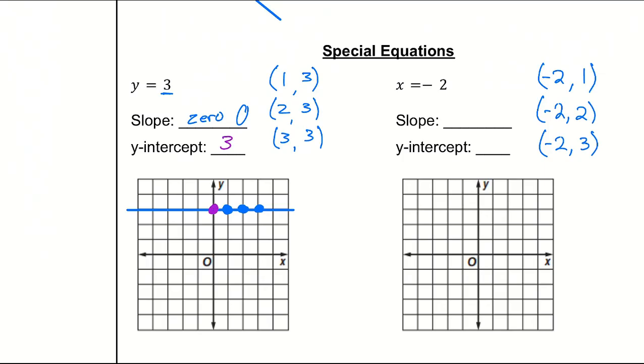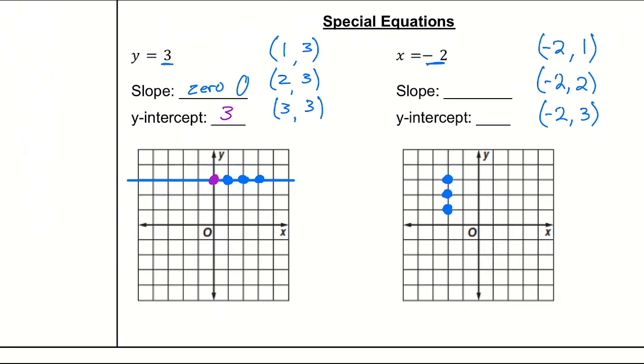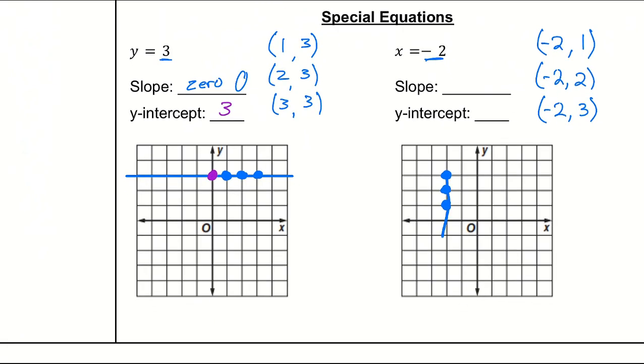So we get the -2's here from x being -2. Just plot these points. (-2, 1) is here. (-2, 2) is here. (-2, 3) is here. And again, you start to see a line forming, but that line in this case is a vertical line. So this one is going straight up and down like that.